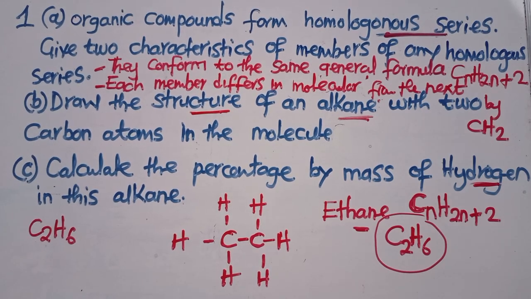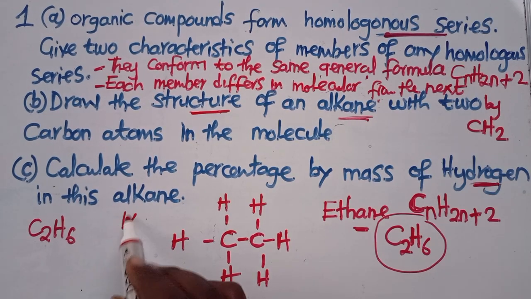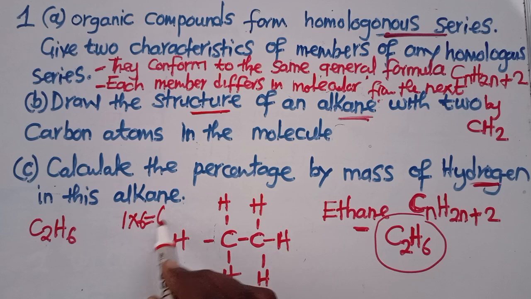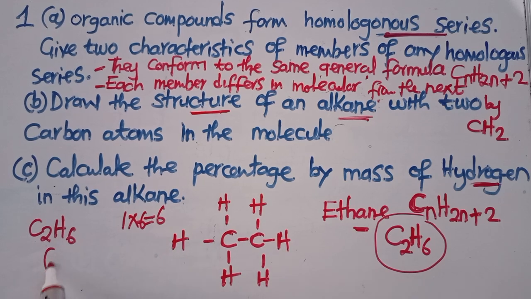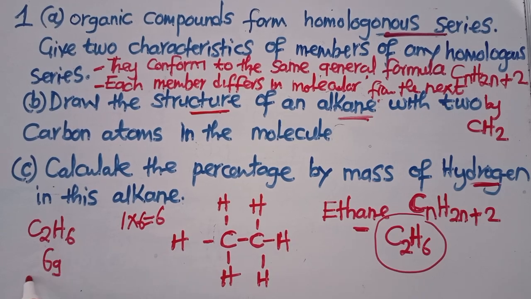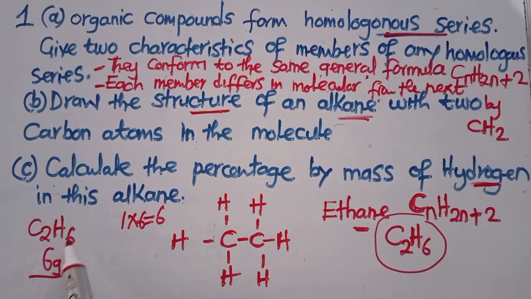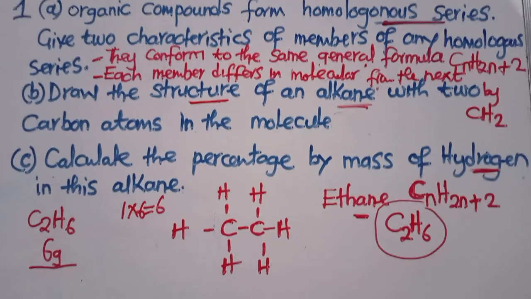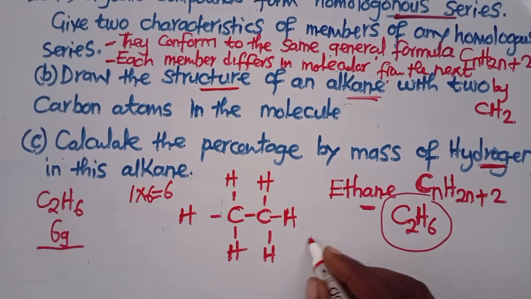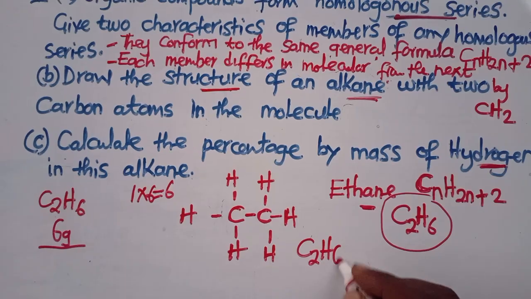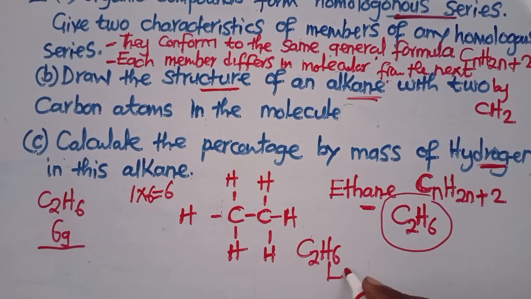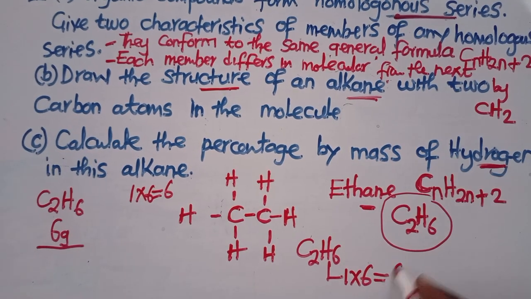What is the mass of hydrogen? Hydrogen is 1 times 6, so it is 6 grams over the whole compound. With C2H6, we do this: 1 times 6, we get 6.